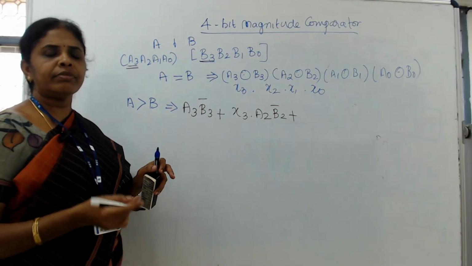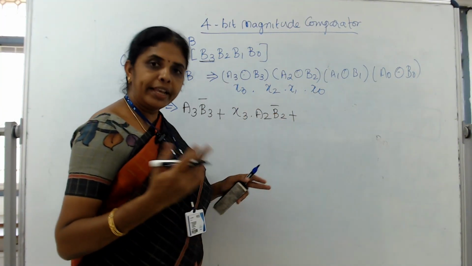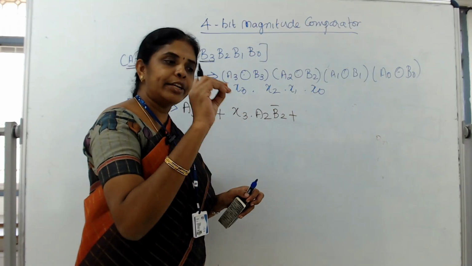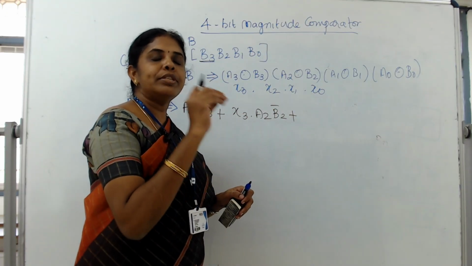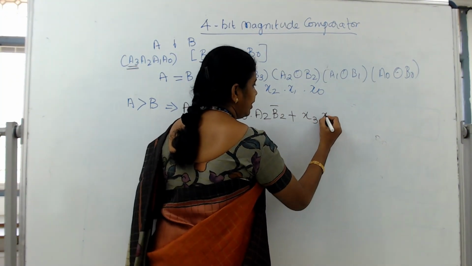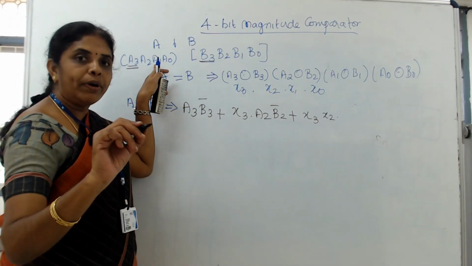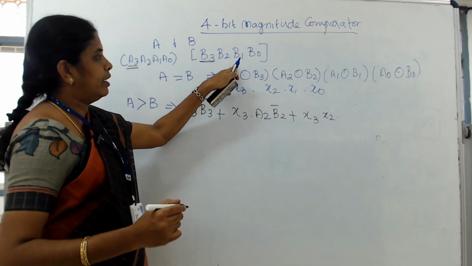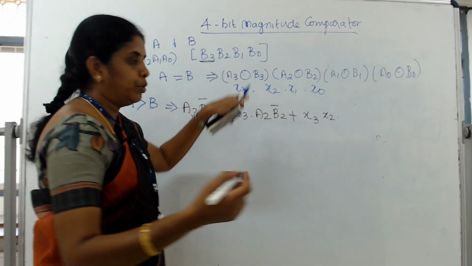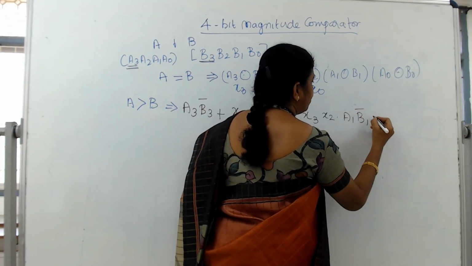Now let us consider the first two bits of A and B are equal, which means A3 is equal to B3 and A2 is equal to B2. So I can write x3, x2. Now A1 should be greater than B1, which means that A1 is 1 and B1 is 0. So A1, B1 bar.